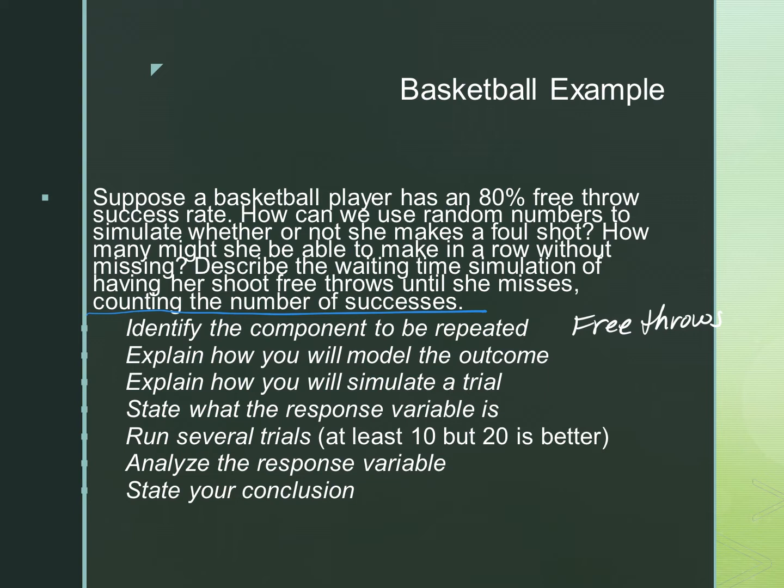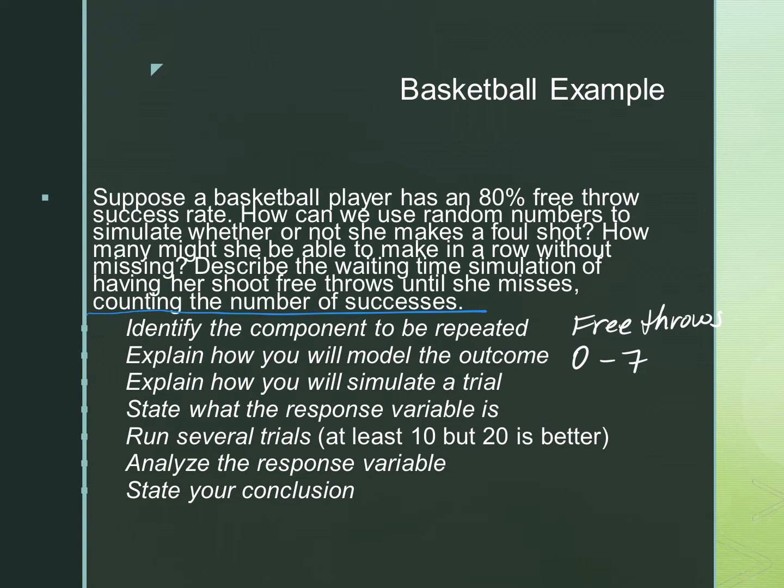And I need 80% of them to be making the shot. So if I'm starting at 0, from 0 to what number is going to mean she makes the shot if I need 8 numbers? 0 to 7, right?